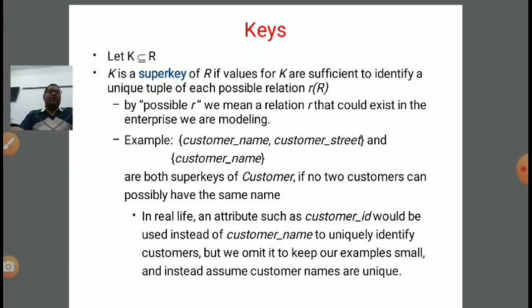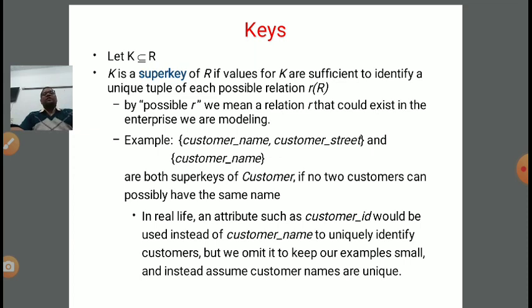In real life, an attribute such as customer ID would be used instead of customer name to uniquely identify the customer. But we omit it to keep our examples small and instead assume customer names are unique. So we are not using customer ID here. How to distinguish with the combination of customer name and customer street?